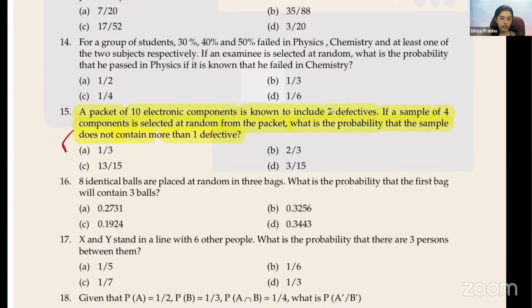To understand this question, let's break it down. A packet of 10 electronic components is known to include 2 defective, which means out of every 10 components, 2 will always be defective. Now you have to make a sample of 4 components. So out of 10, you have to pick 4 components. What is the probability that the sample does not contain more than 1 defective?